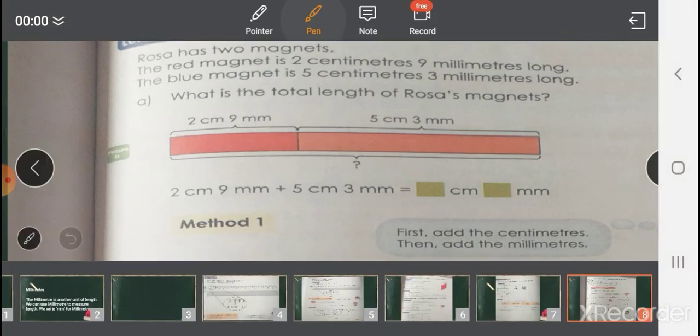Rosa has 2 magnets. The red magnet is 2 centimeters 9 millimeters long. The blue magnet is 5 centimeters 3 millimeters long. Now, what is the total length of Rosa's magnets?